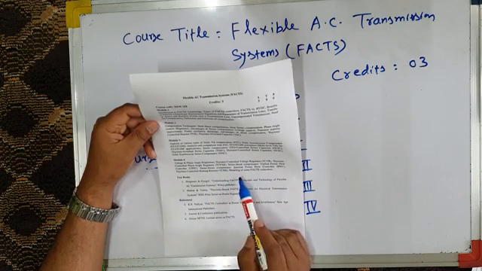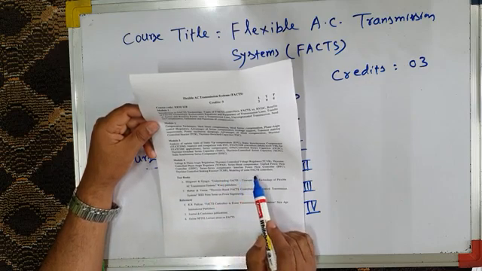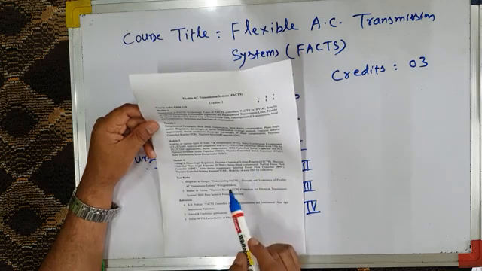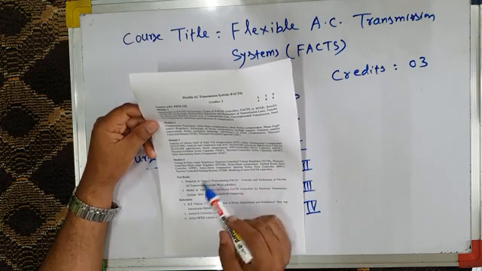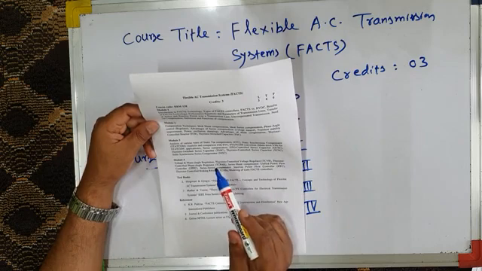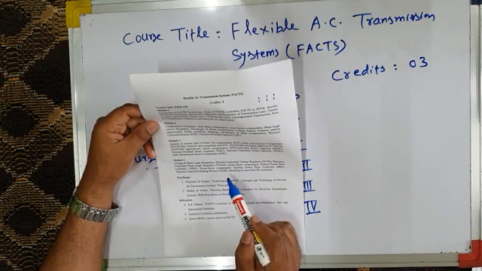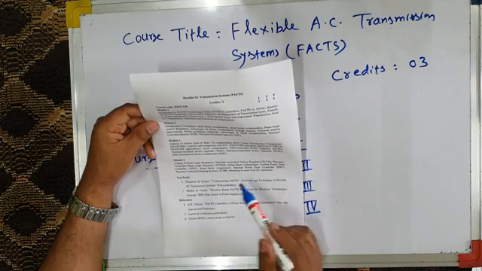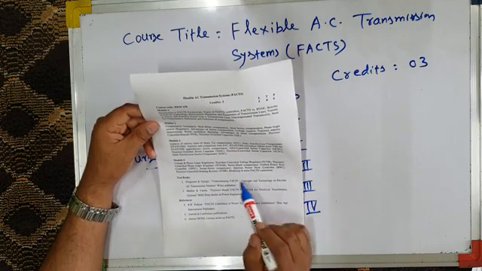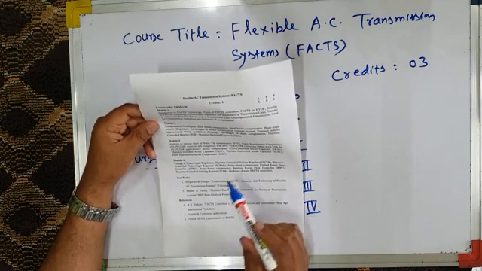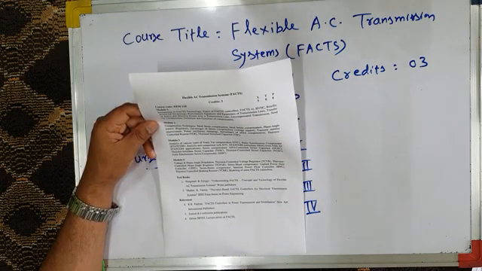We will also try to do mathematical modeling of some FACTS controllers. In fact, whenever we study any type of FACTS controller, whether it's a series compensator, shunt compensator, or series shunt compensator, its analysis will be enhanced by mathematical modeling during the discussions itself.